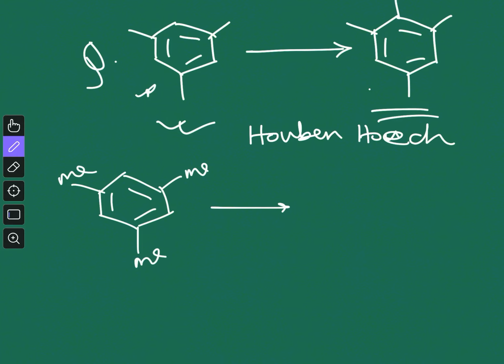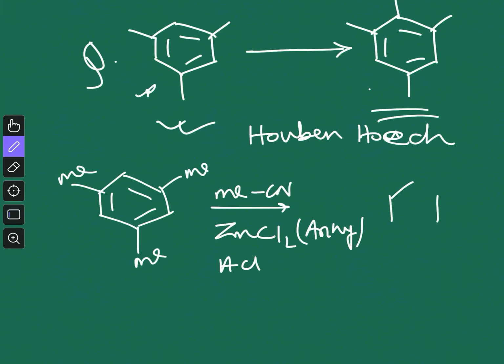The reagent here is methyl cyanide, acetonitrile, and along with that you have to use ZnCl2, which should be anhydrous, and also dry HCl is used. All these reagents will introduce one acetyl group on the electron rich aromatic ring.